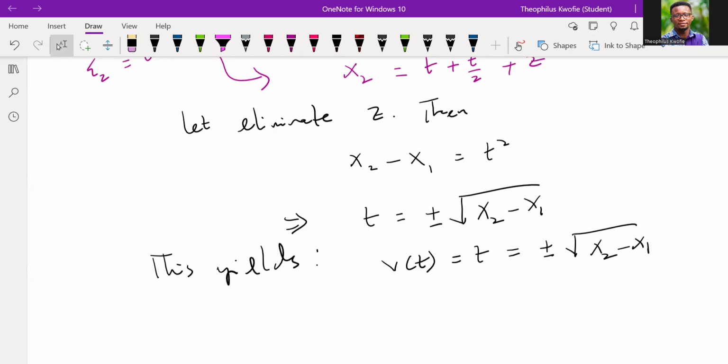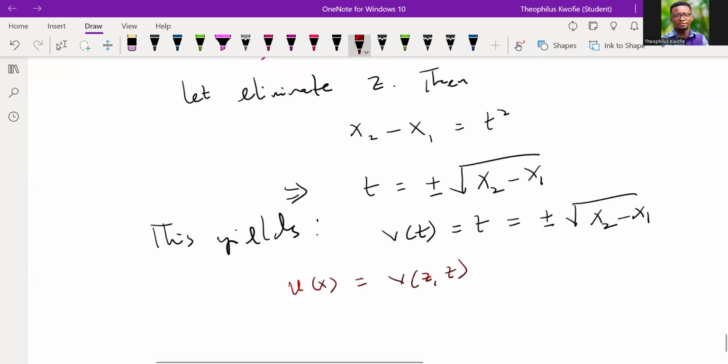But remember, we said that ux is related to what? ux is related to v of what? v(z,t), right? We said it's related to that, right? This is t.